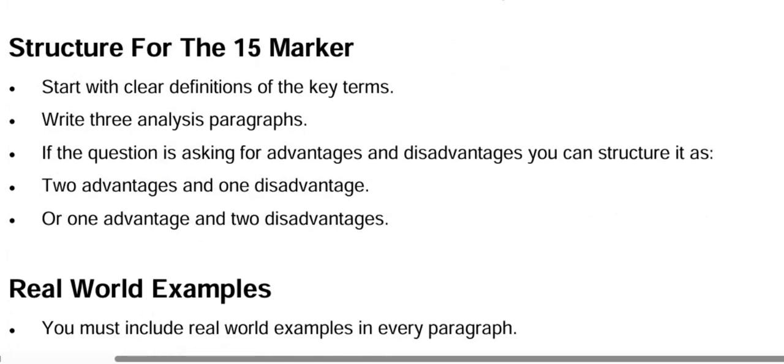Now let's focus on the structure of the 15 marker. We have to start with a clear definition and the key term, and then we have to give 3 perfect analysis paragraphs, depending on the question, a structured answer. And if the question is asking for advantages or disadvantages, then we have to structure it like either 2 advantages and 1 disadvantage, or 1 advantage and 2 disadvantages.